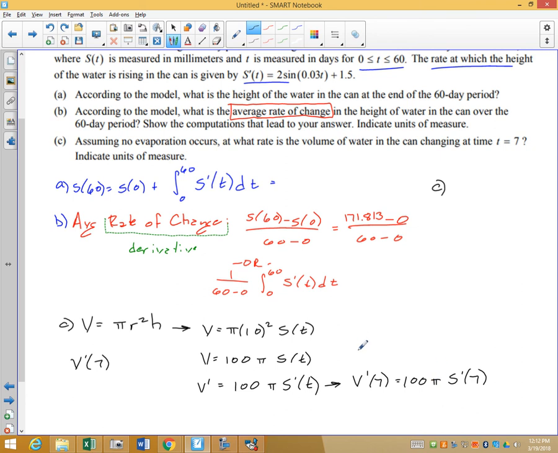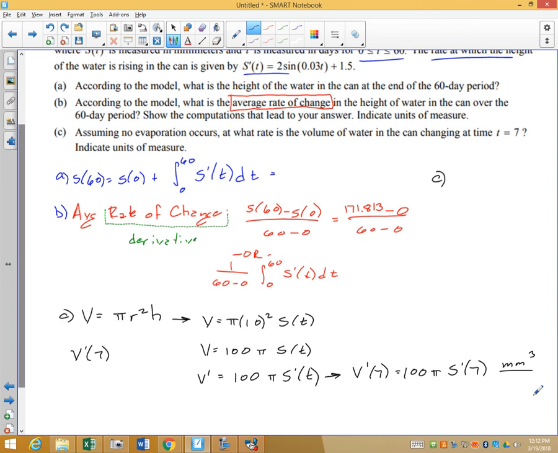It's a change in volume, measured in millimeters cubed, but we're also measuring it over time. Our units are days, so millimeters cubed per day.